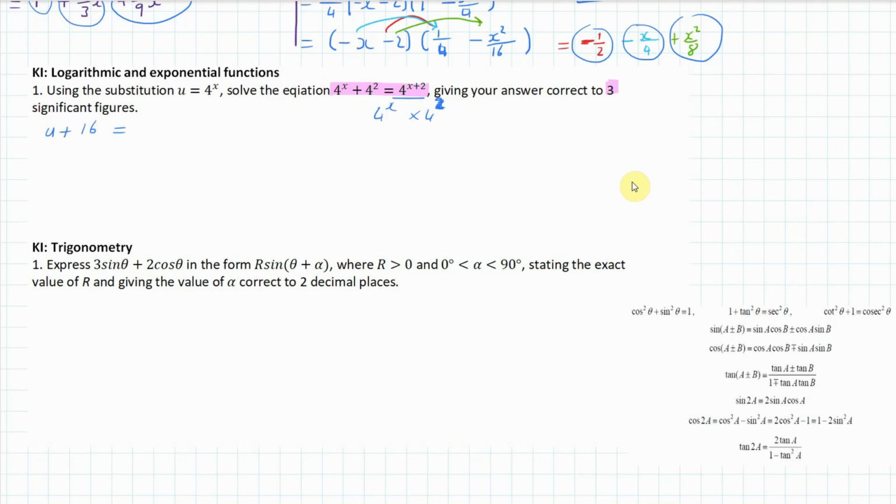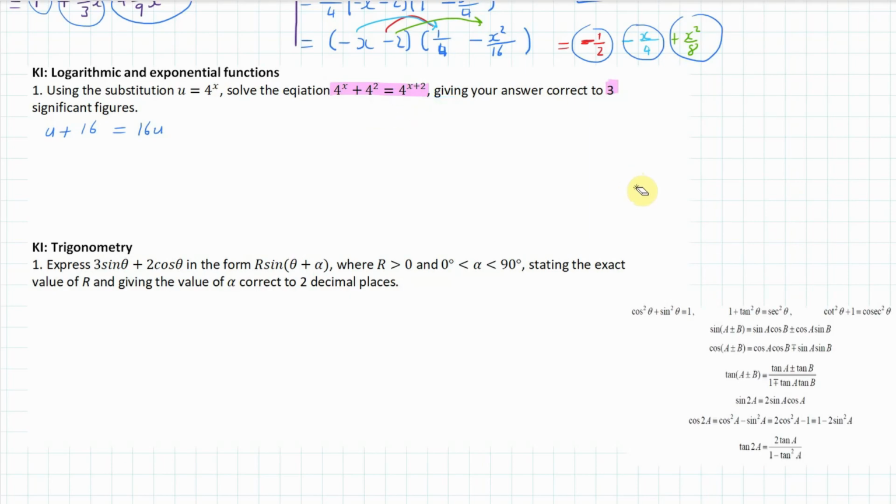So I can say this is like 16, which is 4 squared, u. Because this bit here is u, and this bit here is 16, and they're multiplied together.